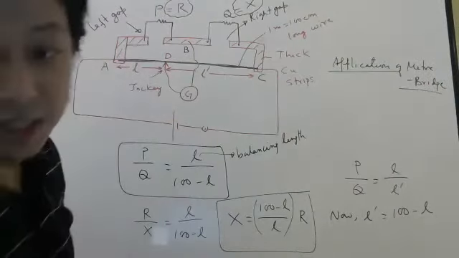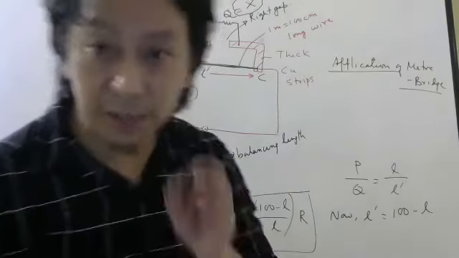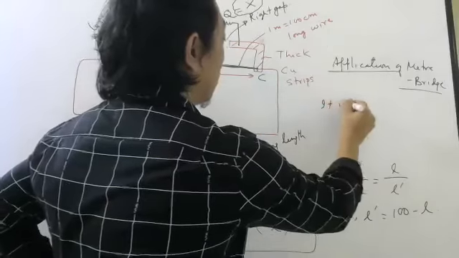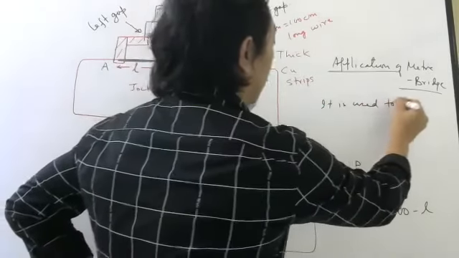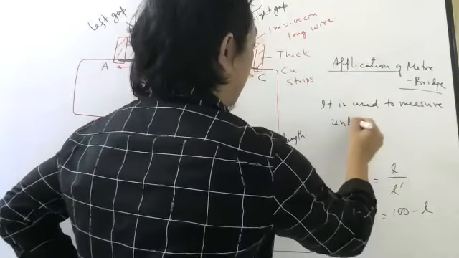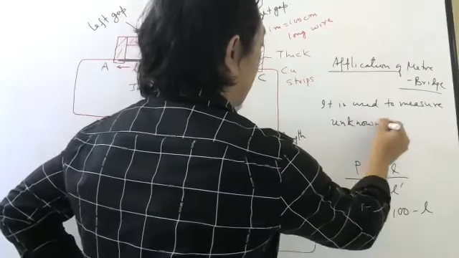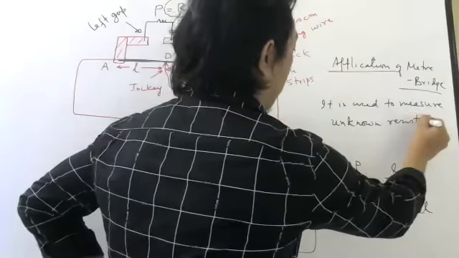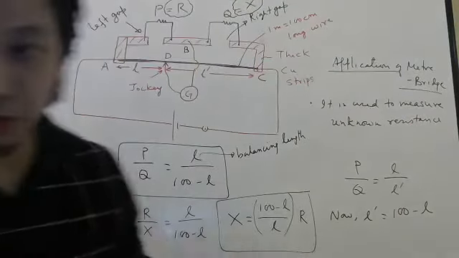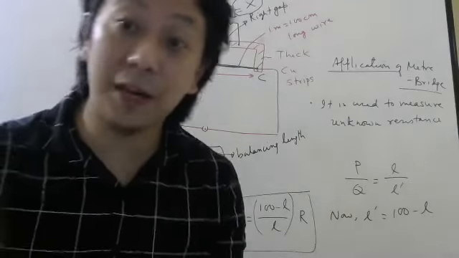Because the length of the wire used here is 1 meter. So the application of the meter bridge, if they ask for 1 mark, the answer will be: it is used to measure unknown resistance. Okay. So one of the resistances obviously you should know, and the other one can be compared.